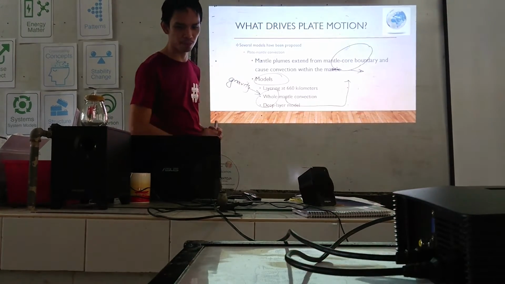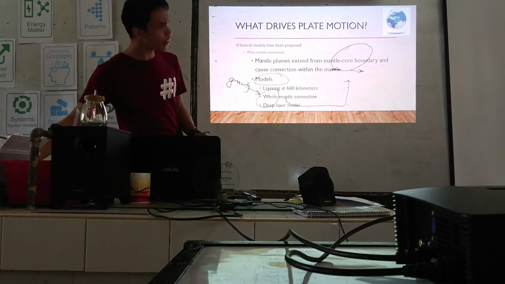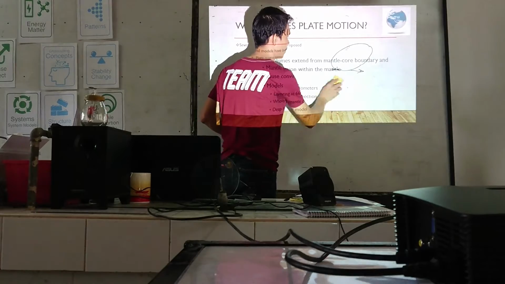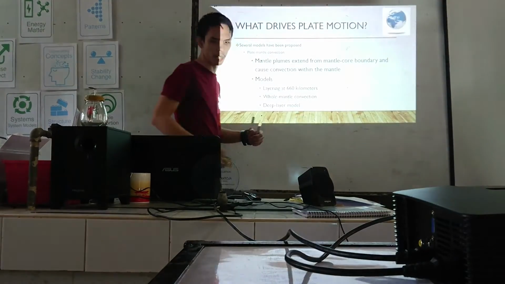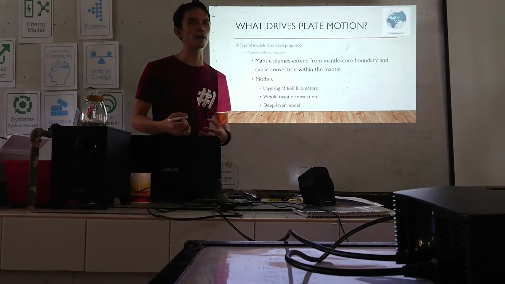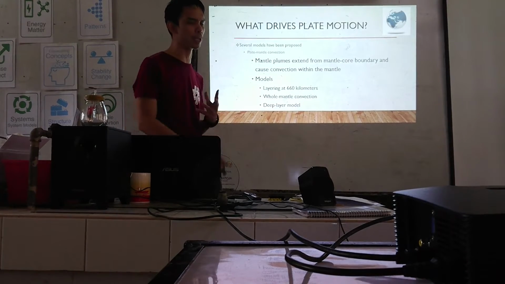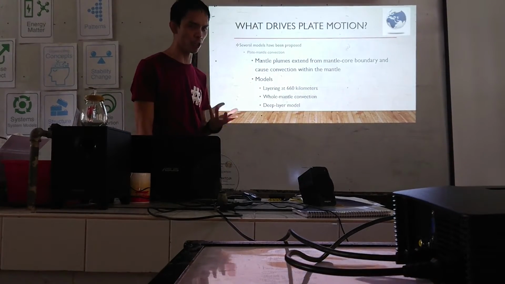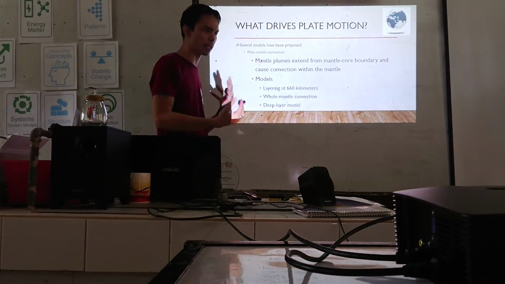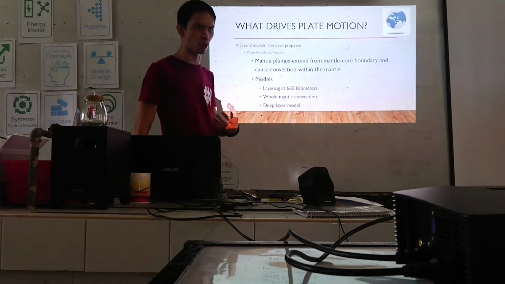Alright, so next. Now in this particular topic, we are going to look at the models that were proposed by some geologists on what they think drives the plate motion.